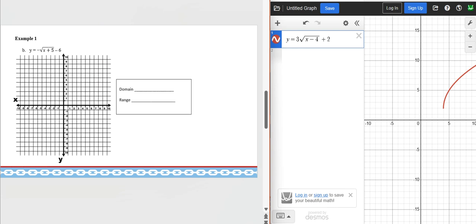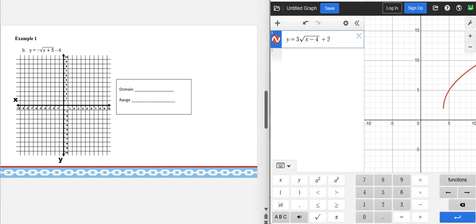So here I have a negative out in front of the radical, and then x plus 5, and then minus 6 on the outside. And what I see now is my origin has shifted left 5, down 6, and the whole graph has flipped across the x-axis.